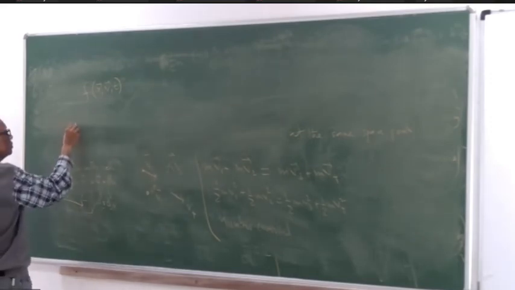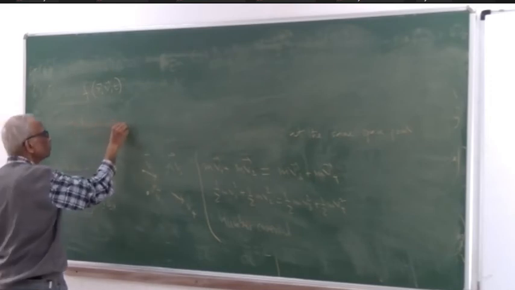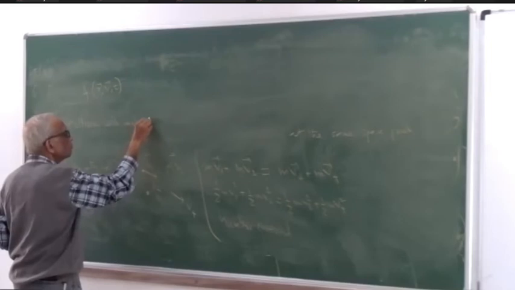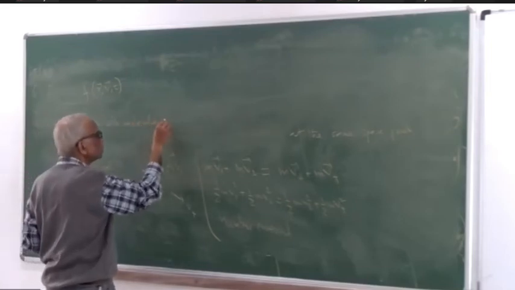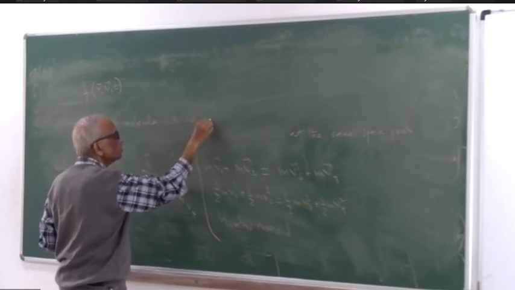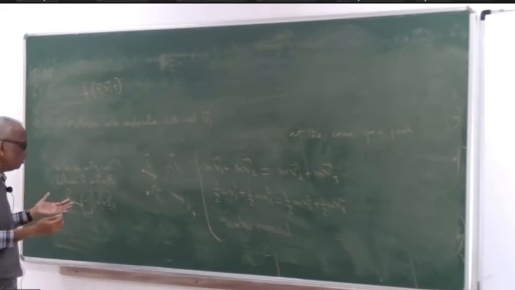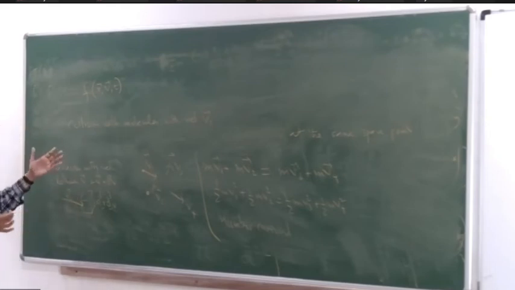So collision with molecules with velocity v1. Now, who are those? Where are they? Who can come and hit this set sitting over here? So that can be done.